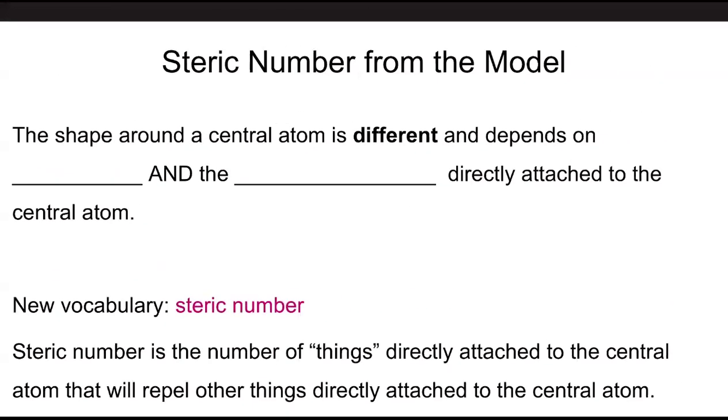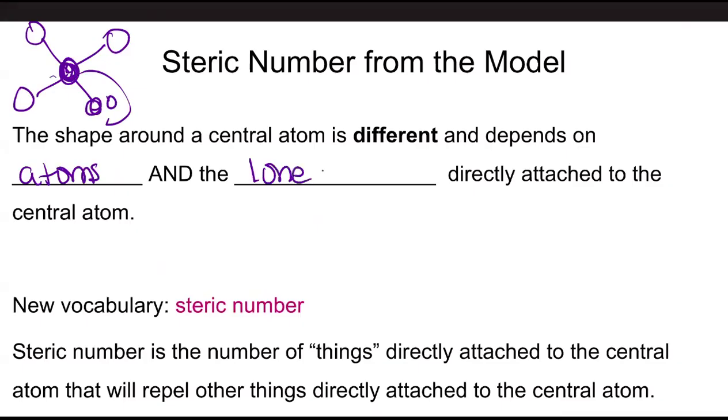So the shape around a central atom is different, and it depends on what takes up space. You have an atom, what takes up space around that atom? Other atoms, and lone pairs. And notice it says directly attached to the central atom.